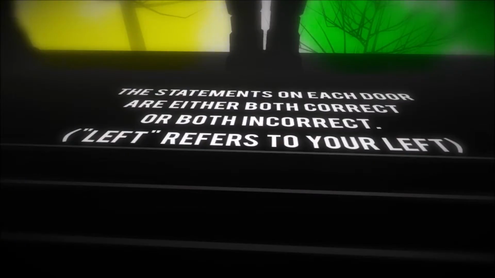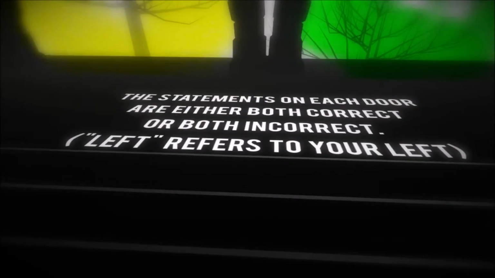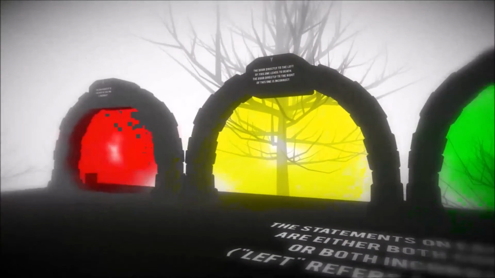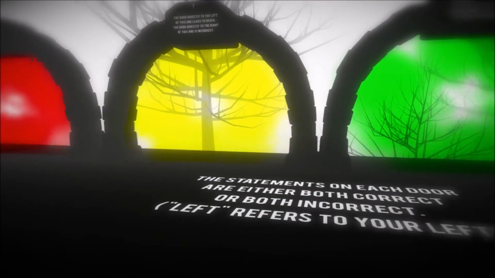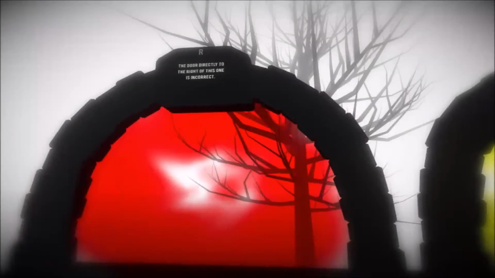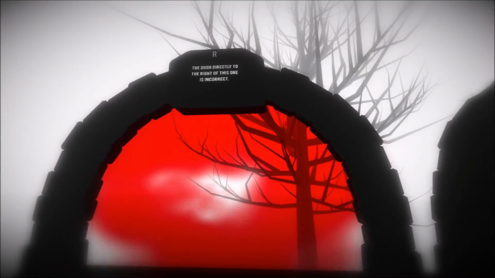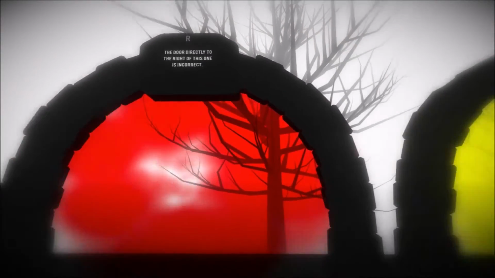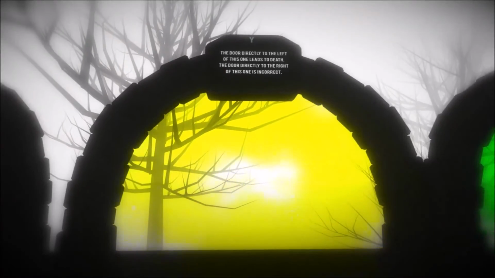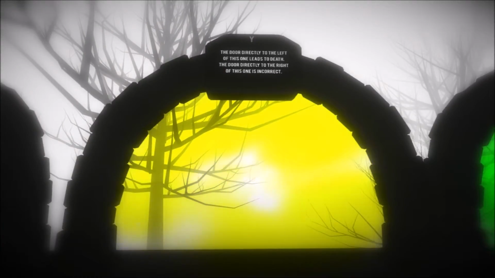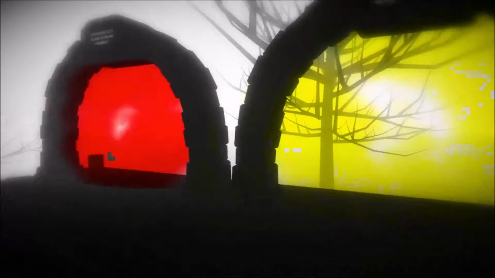The statements on each door are either both correct or both incorrect. Left refers to your left, so... Okay. The door directly to the right of this one is incorrect. The door to the left of this one leads to death.